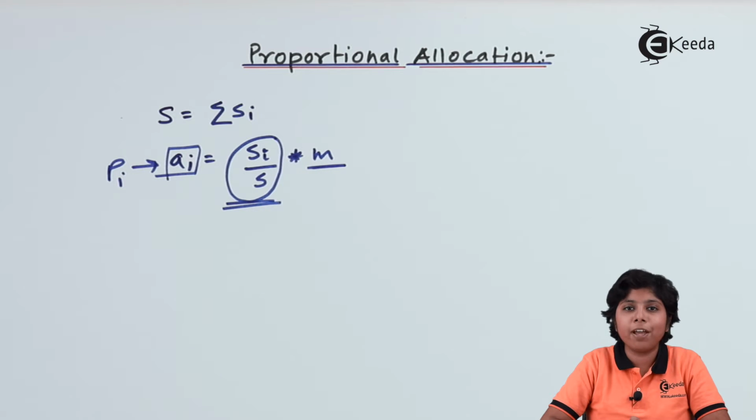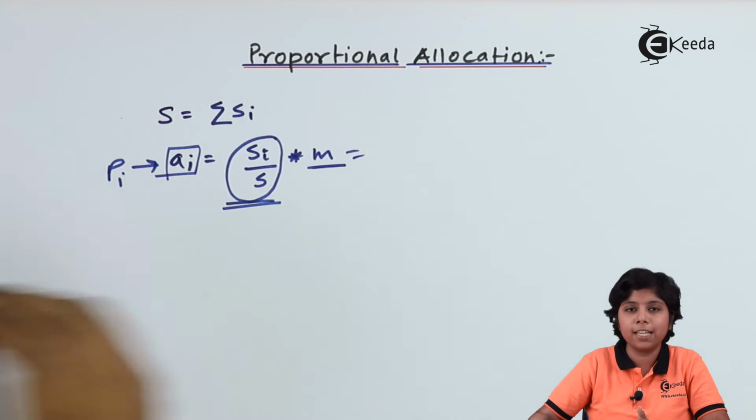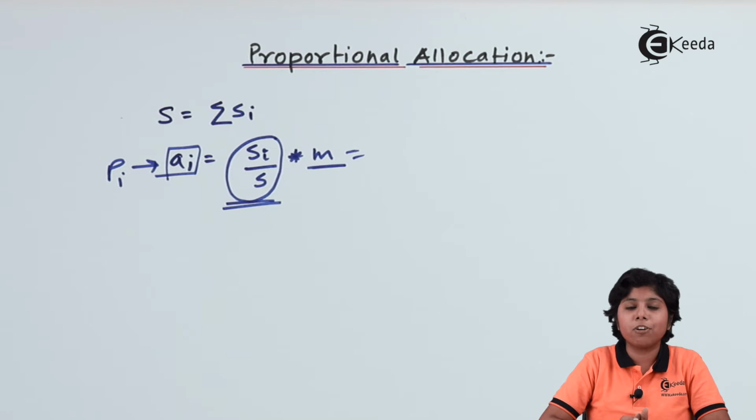Here ai must be an integer, it must not go below the minimum number of frames required by a program, and it should not exceed the total number of frames available, that is m. According to the problem, we can now calculate the student process frames and the interactive process frames in this way.